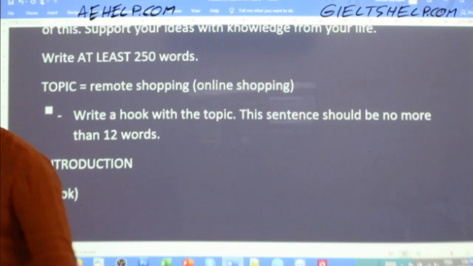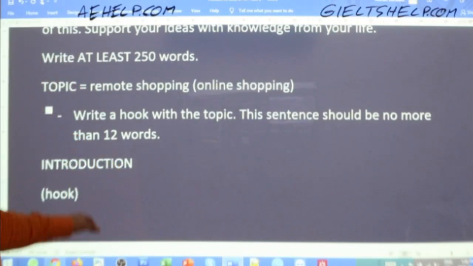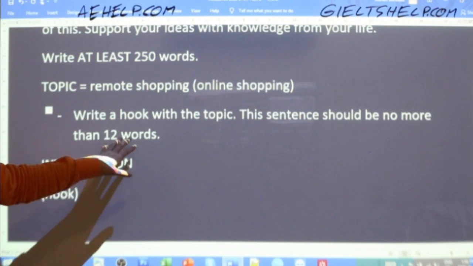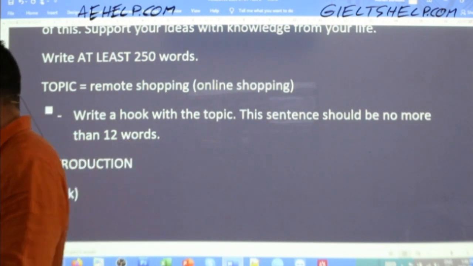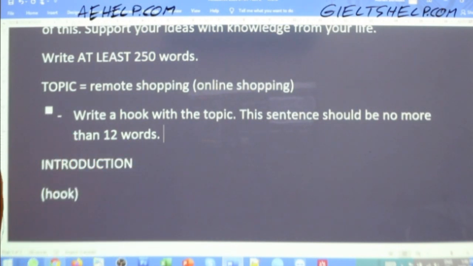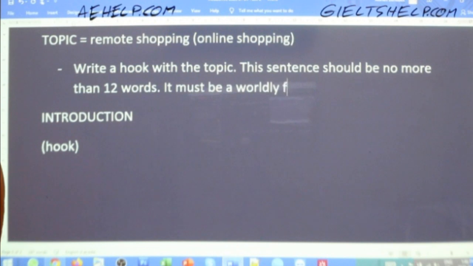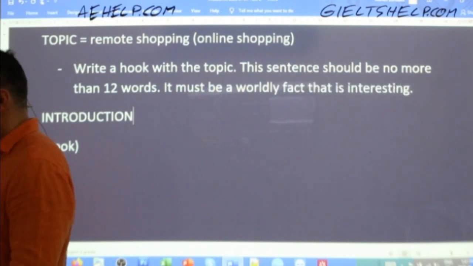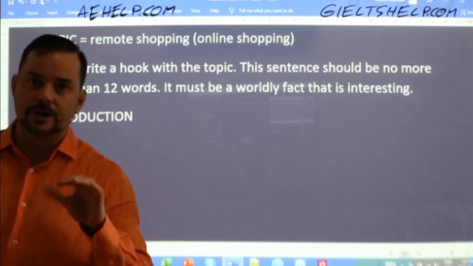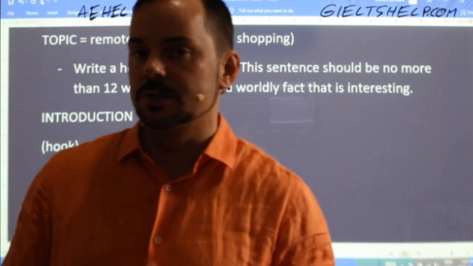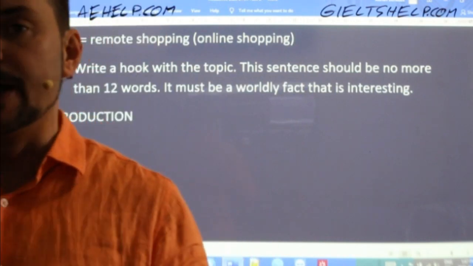Okay, so I'm going to give you a word limit this time. It includes the topic. Also, it must be a worldly fact that is interesting. And this is why I kept today's question fairly straightforward, because I really want you to focus on just quick writing with good structure.